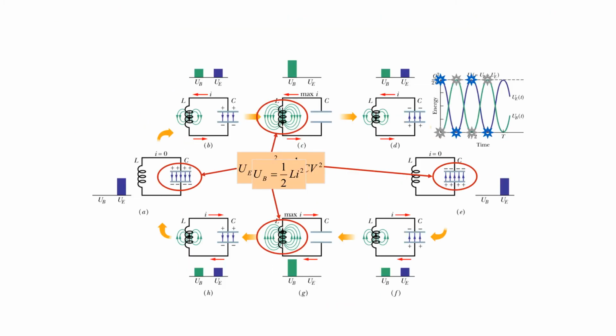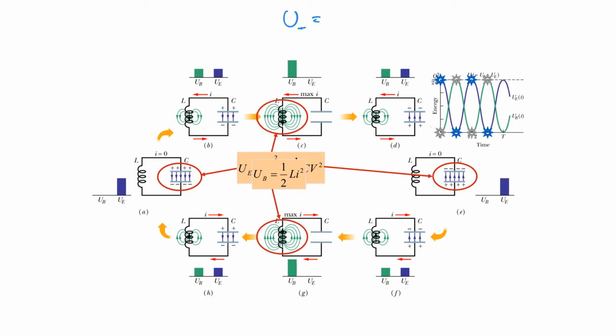Okay, so here you can see the oscillations between the capacitor and the inductor. Energy stored is going to change from the capacitor to the inductor. Okay, so if the energy stored is constant, for example, if the energy is changing at the middle, it is going to half change into the inductor and half into the capacitor.